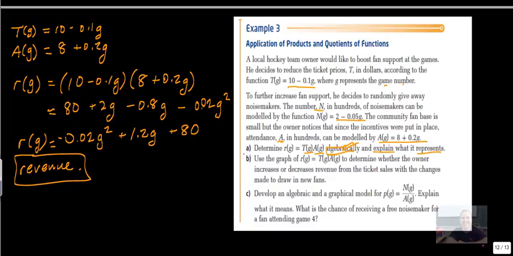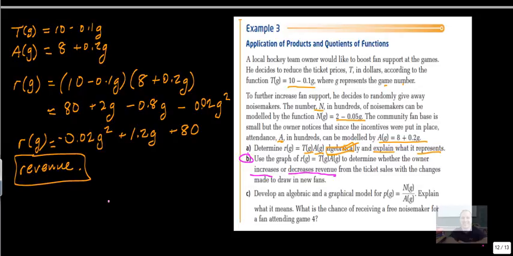Okay? So B, if we look at B, use the graph to determine whether the owner increases or decreases revenue from the ticket sales with the changes made to draw in new fans. So what we'll need to do, looks like, is try and see what the revenue is as the game numbers increase.